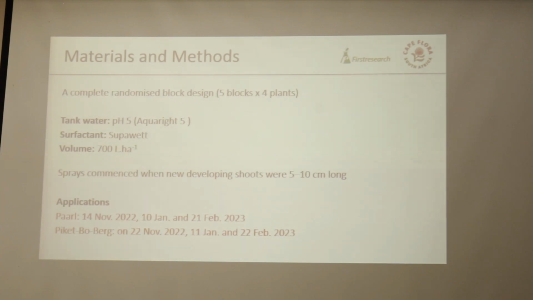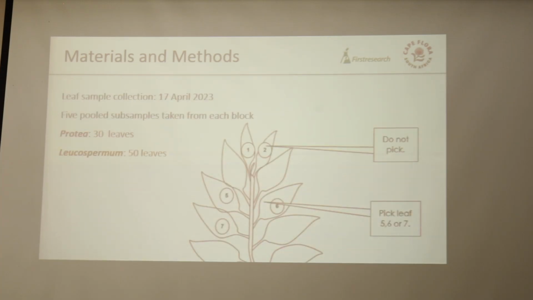So we started spraying when the shoots were 5 to 10 centimeters long, so really in spring at the beginning of the growing season, and we sprayed almost every 6 weeks, more or less. Spring, early summer applications, and there's the dates, and it will also be in the article.